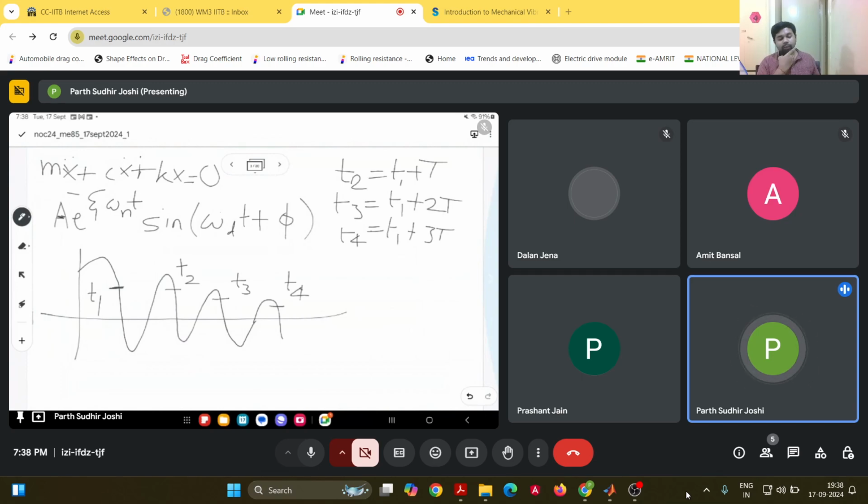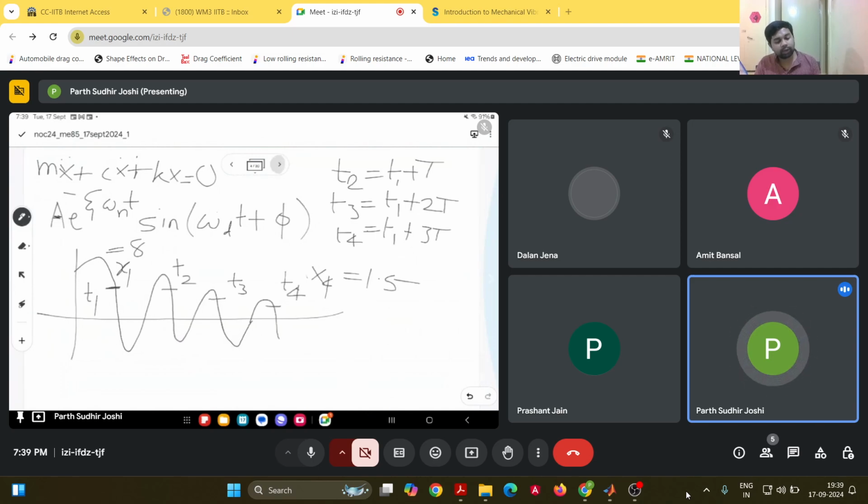Let x1 be the displacement over here and x4 the displacement here, where x1 is 8 and x4 is 1.5.